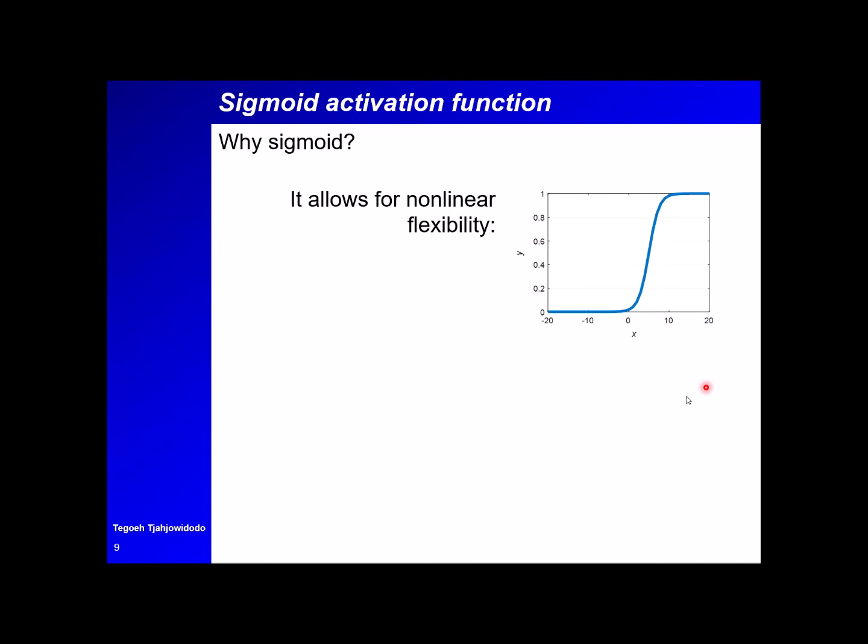Then you might have a question: why do we choose a sigmoid? Why do we choose nonlinear? Why do we choose to add a nonlinear element in our network? And in particular, why do I choose the sigmoid function as the nonlinear element in the first place? The first reason is because it allows nonlinear flexibility to my data capturing capability.